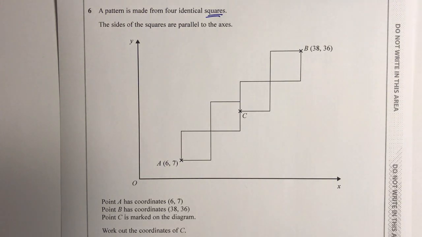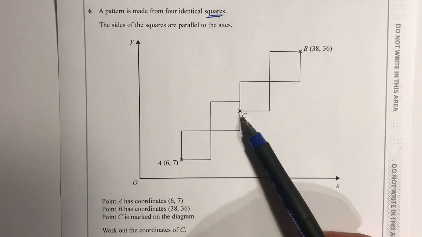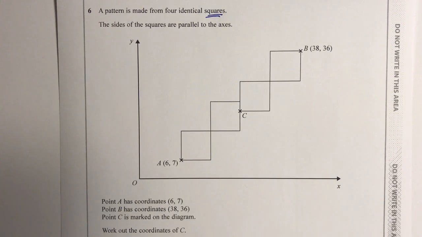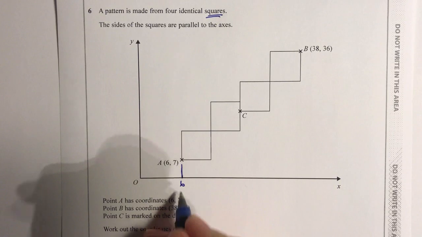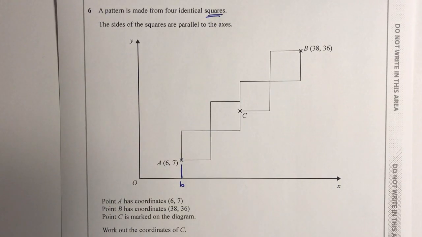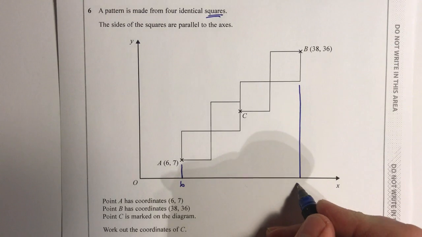Well, that's going to allow us to work out the coordinates of point C, which is what they're looking for. Okay, so the first thing I would do is say the x value along here is going to be 6, because point A is 6, 7. The x value at point B is going to be 38.